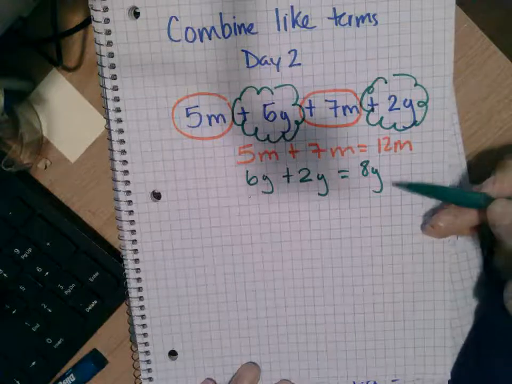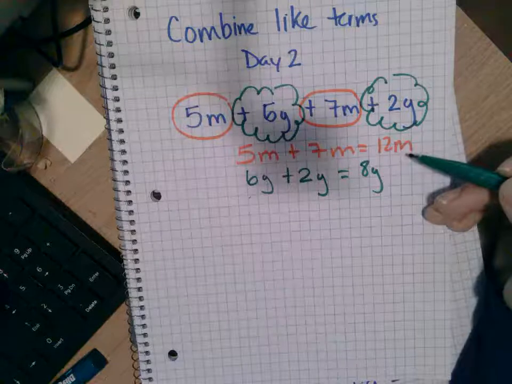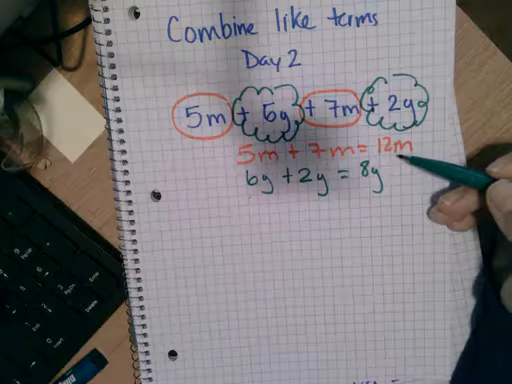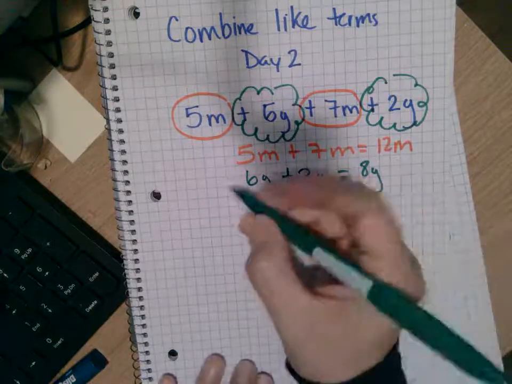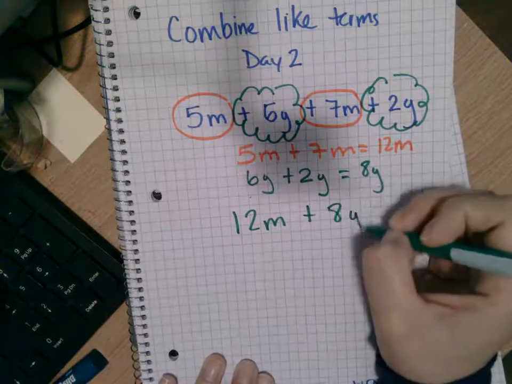No, because the m in this non-mathematical situation stands for monkeys. So I don't have 20 monkeys. I don't have 20 yo-yos. I don't have 20 monkey yo-yos. I have 12 monkeys plus 8 yo-yos.